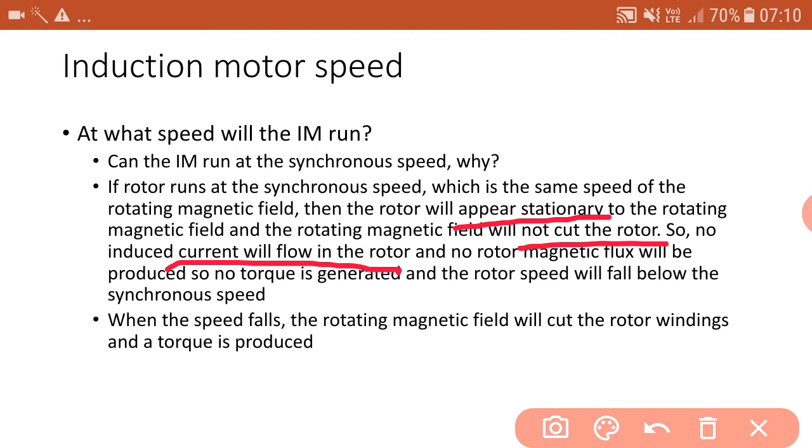When the speed falls, the rotating magnetic field cuts the rotor windings and a torque is produced. So the conclusion of this discussion is, rotor speed will always be less than the synchronous speed, so that torque is produced. Otherwise torque will not be produced.